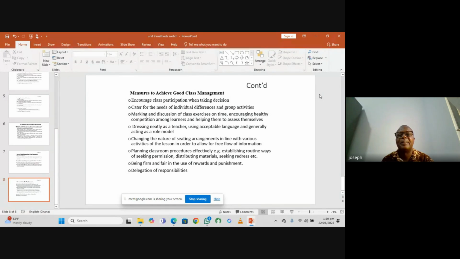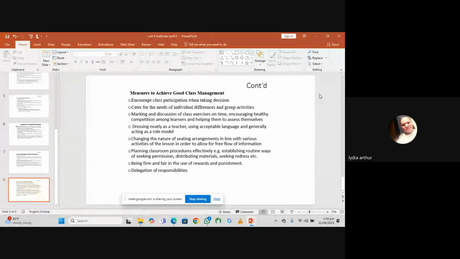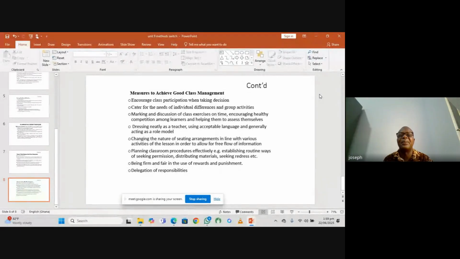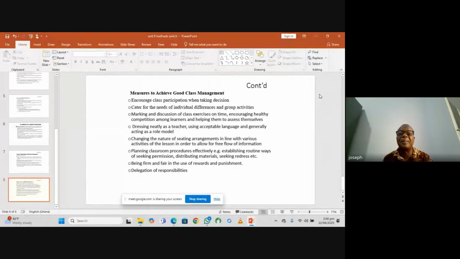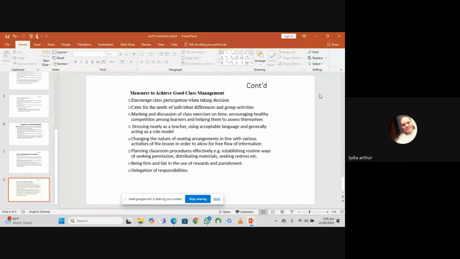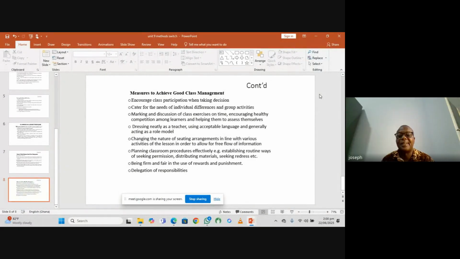Separating them entirely, with the same teacher moving from one class to another, is the same thing you do when they are in the same classroom. It happens that some schools have streams A, B, C, D and group them according to ability. So it depends. Let's take it like that and move on and see how they will be coping.